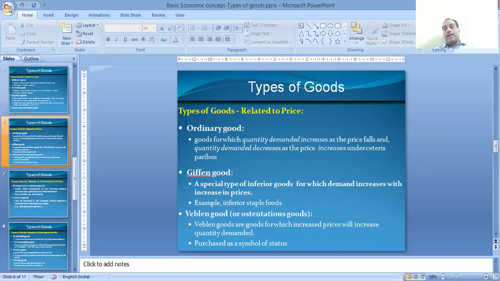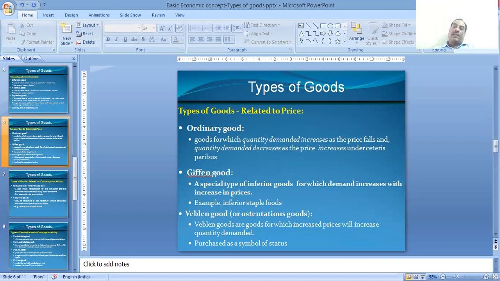Then there is a Giffen good. This type of good was explained by Giffen. Please note it down: it is a special type of inferior good for which demand increases with an increase in the price.